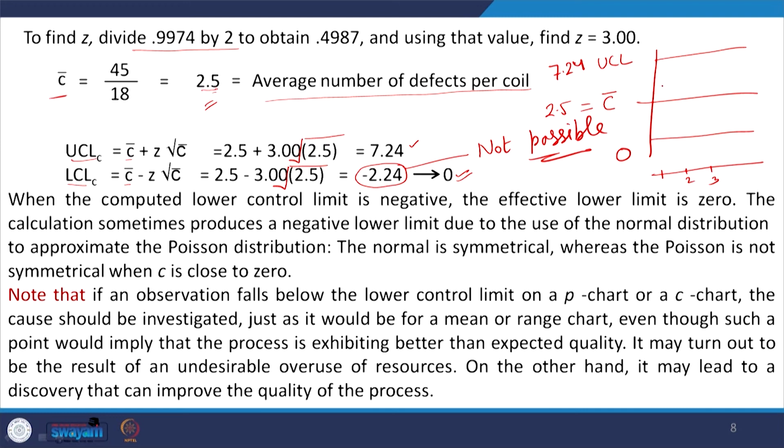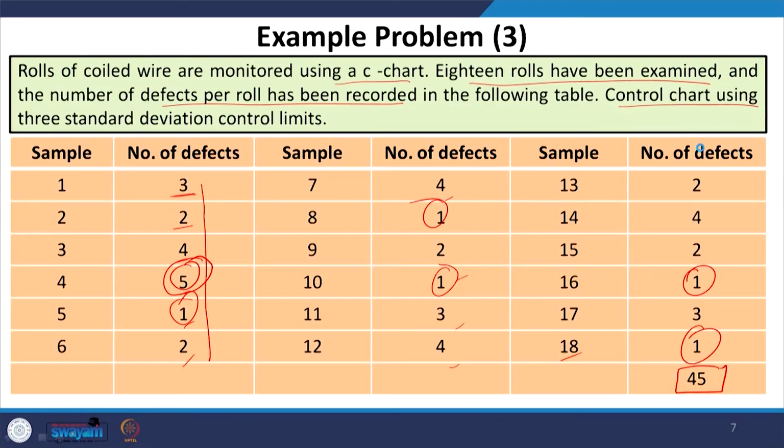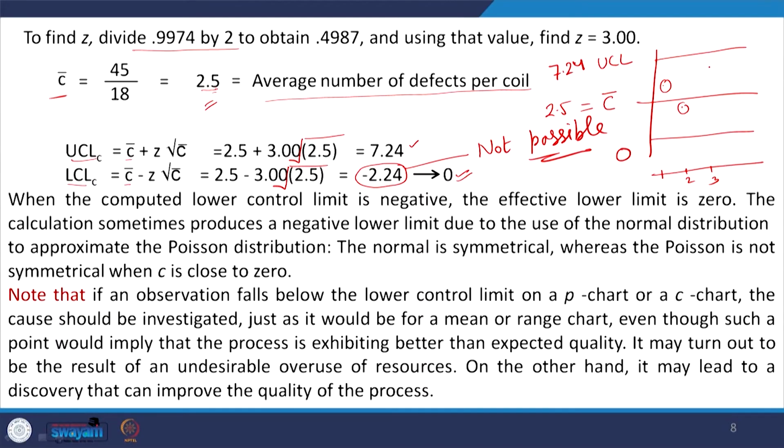For the first it is 3, for the second it is 2, going below the average value, then for the third it is 4, then 5. Like that, you will plot your various values of C on this C chart.